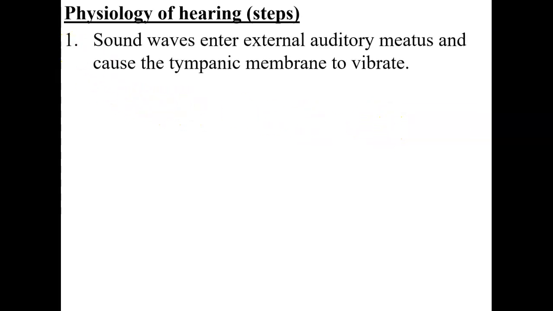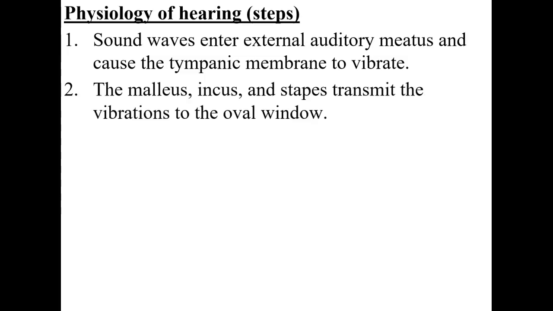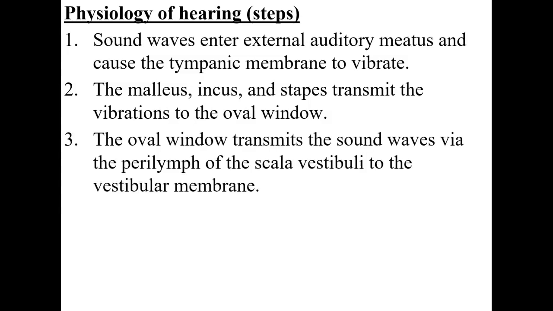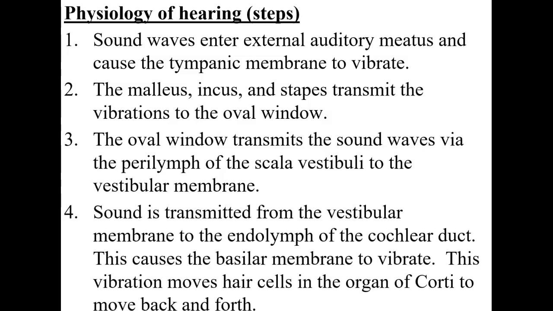So just to give you some steps of what we just talked about: sound waves enter the external auditory meatus and cause the tympanic membrane to vibrate. The malleus, incus, and stapes transmit the vibrations to the oval window. The oval window transmits the sound waves via the perilymph of the scala vestibuli to the vestibular membrane. Sound is transmitted from the vestibular membrane to the endolymph of the cochlear duct.